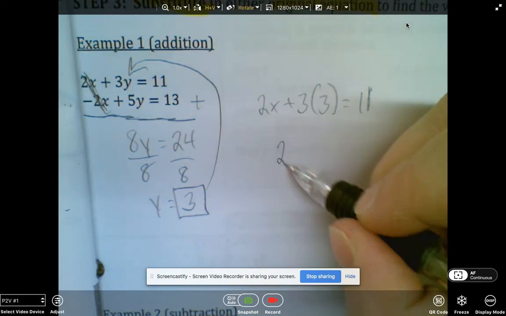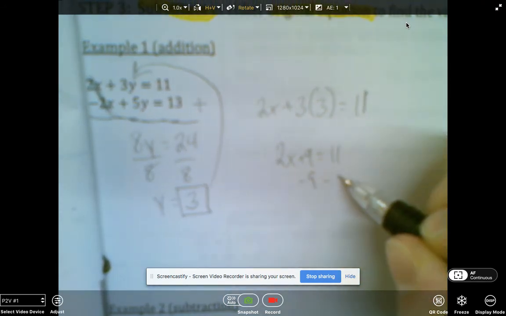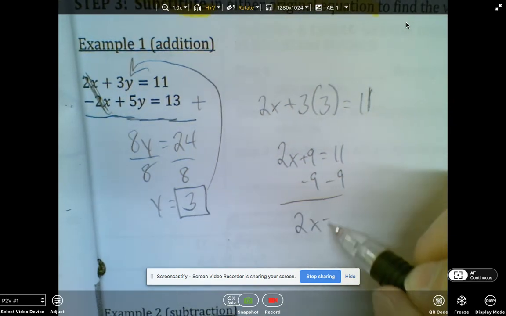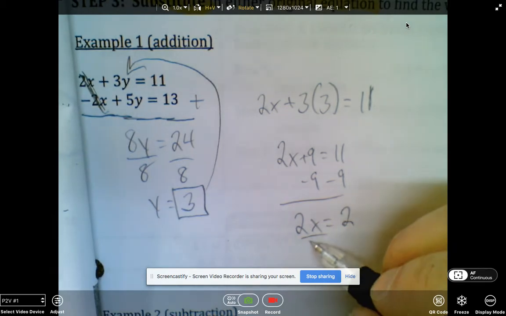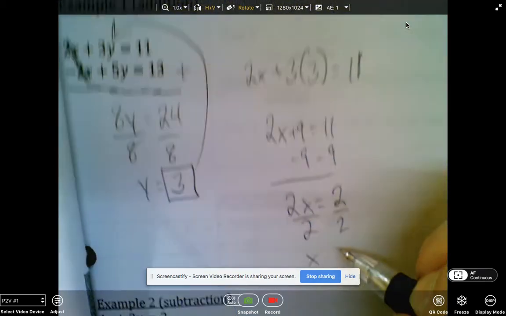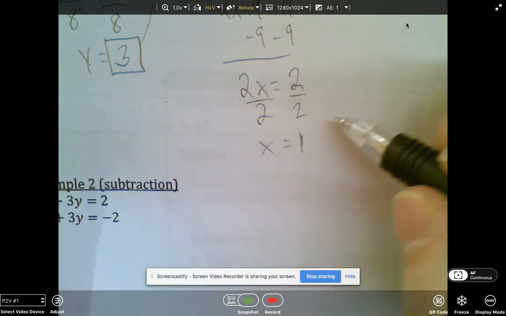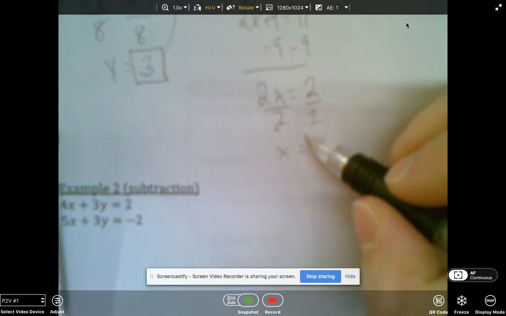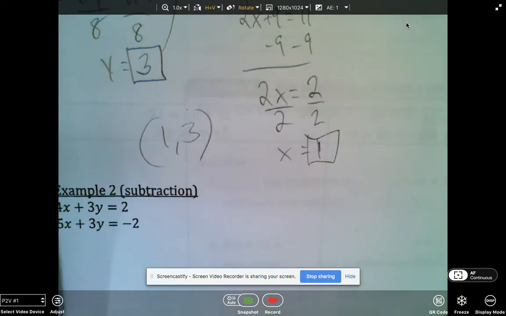And so you're left with 2x plus 9 equals 11. And you're left with, sorry, my pencil keeps breaking here. You're left with x equals 1. So you would write the solution how as a coordinate? 1, 3.